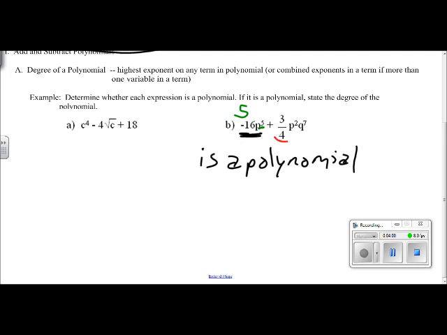When we look at our second term here, we look at our variables and they have exponents of p to the 2 and q to the 7th. So 2 plus 7 gives us a degree of 9 for this term. So the degree of the whole polynomial would just be the higher of these two, which as we can see is 9. 9 is higher than 5, so we'd say it is a polynomial, and it's of degree 9.